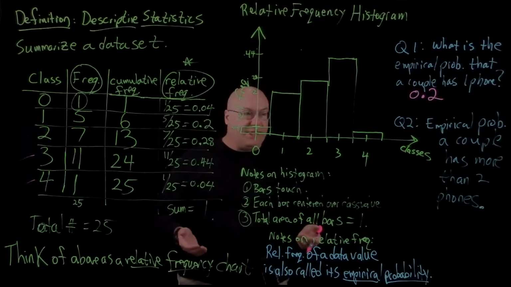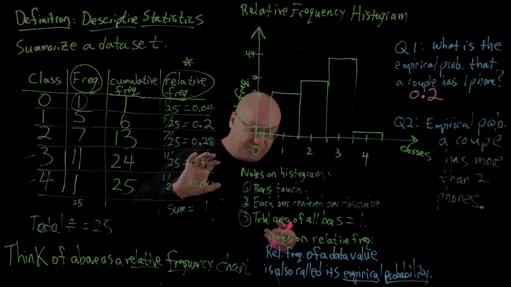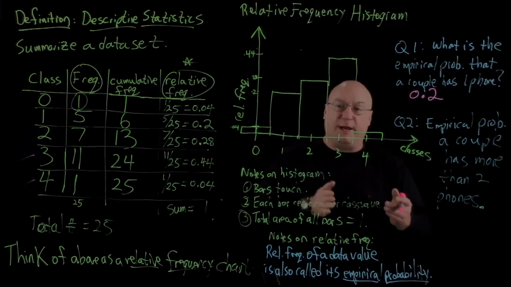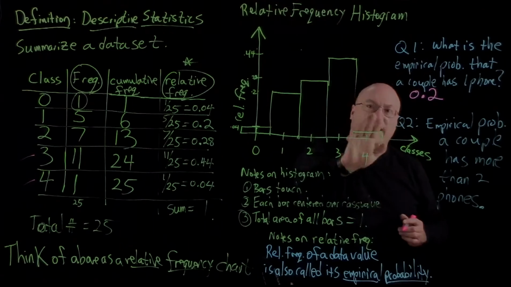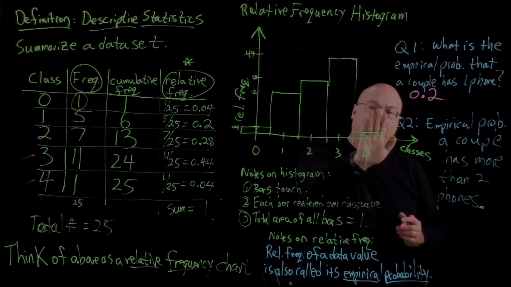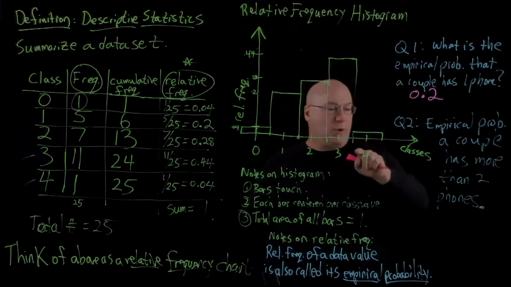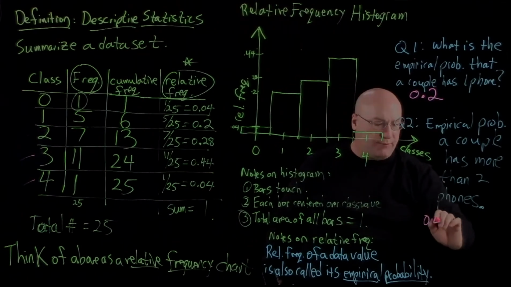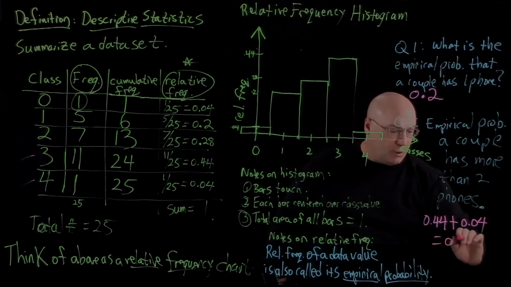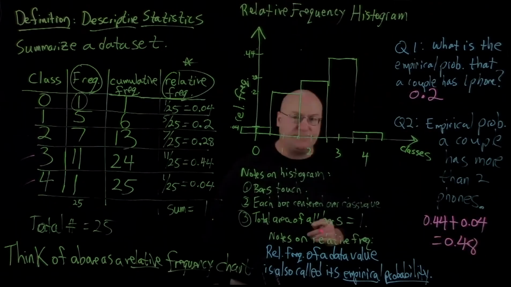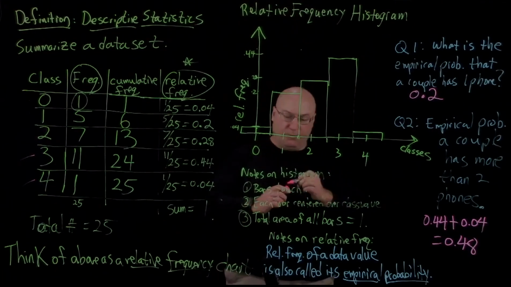So naturally, I'm going to come over either to the relative frequency chart and look at these relative frequencies and add them up, or I'm going to come back over to the histogram and add up the area that I have right here. And either way, I'm going to get the same answer. I'm going to get 0.44 plus 0.04, which is 0.48. Okay, hope that makes sense.